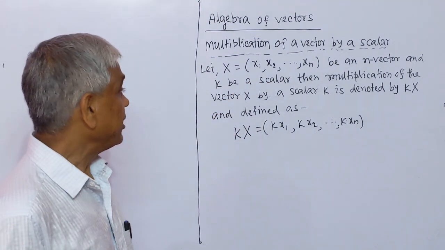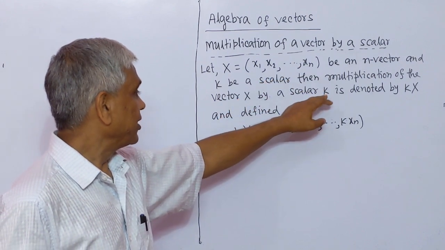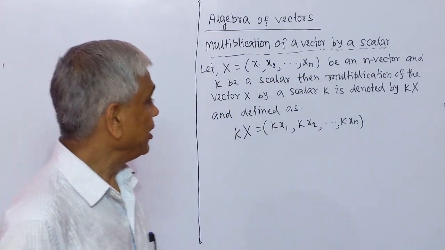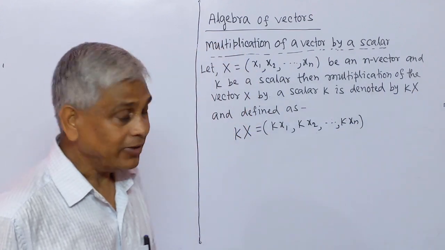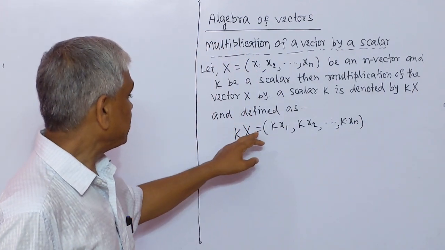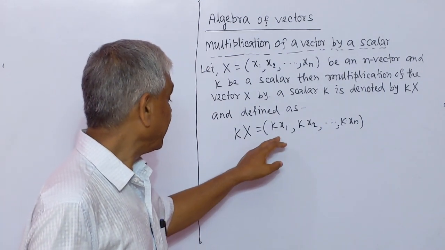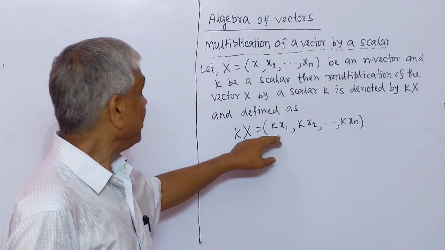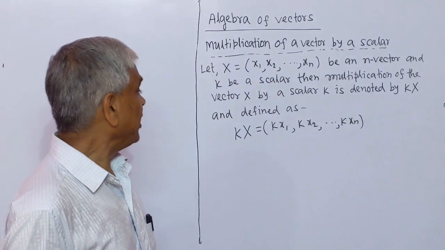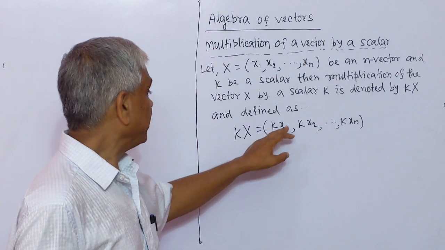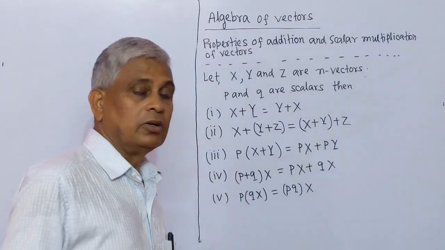Then multiplication of the vector capital X by a scalar k is denoted by k capital X and defined as k capital X equal to a vector whose components are k multiplied by each component of this vector capital X: kx1, kx2, dot dot dot, kxn.